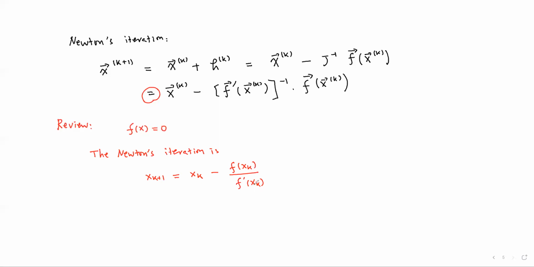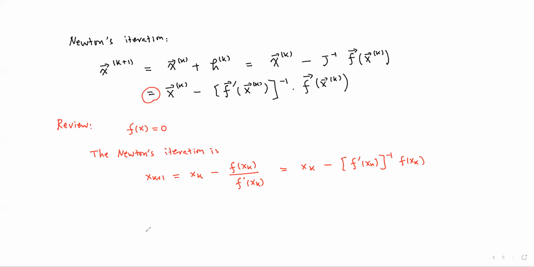This is a formula we learned in the previous section. But I can write this quotient as xk minus the inverse of the derivative f prime of xk, times f of xk.